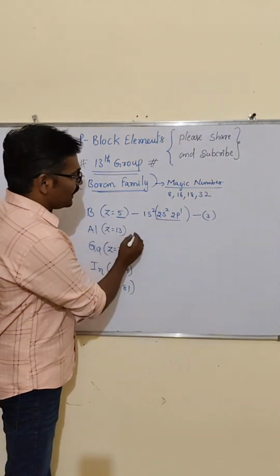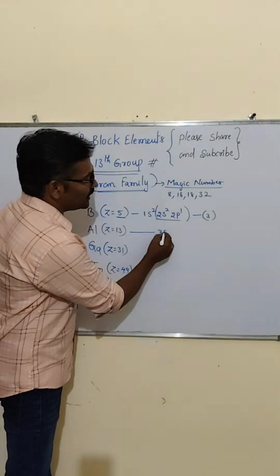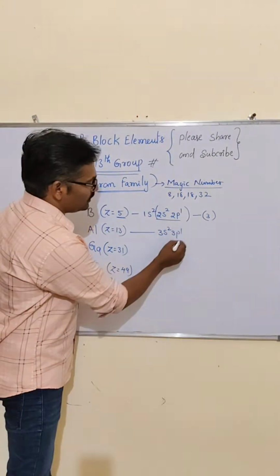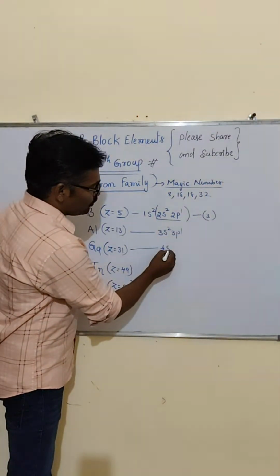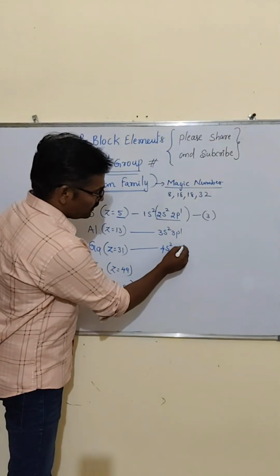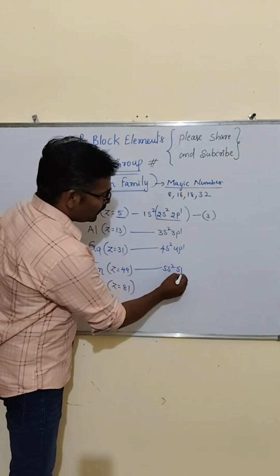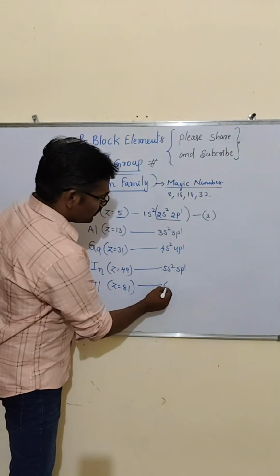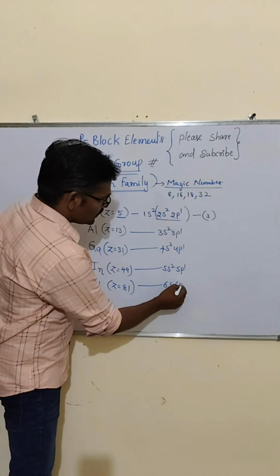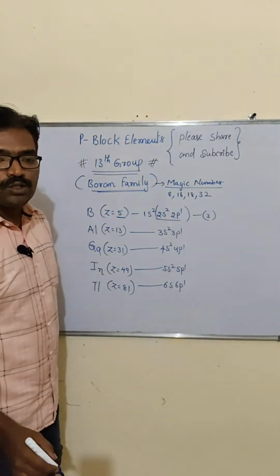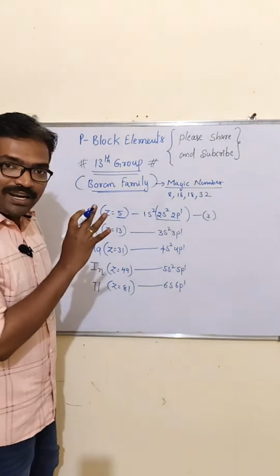For aluminium it is 3s2, 3p1. Then here 4s2, 4p1. Then here 5s2, 5p1. Then here 6s2, 6p1. Clear, my dear students?